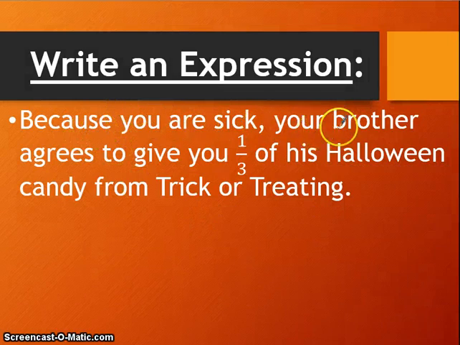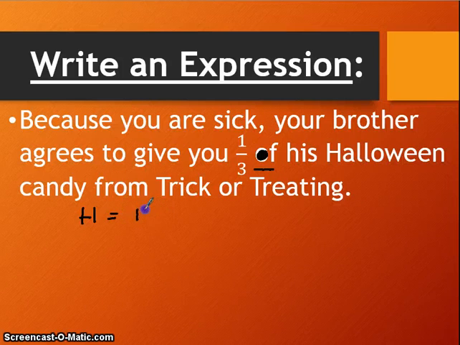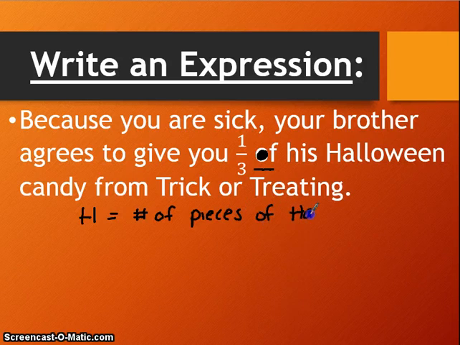Because you are sick, your brother agrees to give you 1/3 of, we know that of means to multiply, 1/3 of his Halloween candy from trick-or-treating. Well, we don't know how much Halloween candy he's going to get, so let's let H be the number of pieces of Halloween candy.